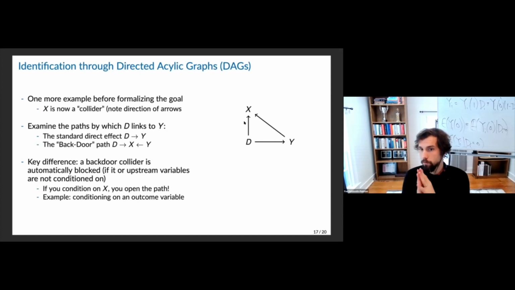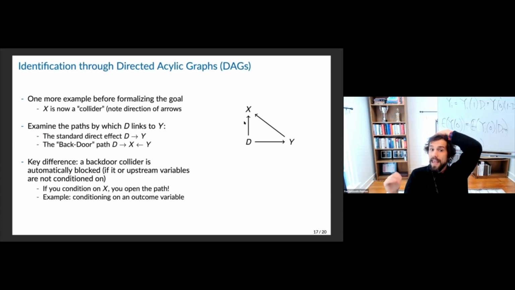Now, what have we done? We've said, okay, D affects Y still, but now instead of X affecting D and Y, it's that D affects X directly, but it also affects it through Y. We still have the same backdoor path problem in the sense that D goes to X and then X goes to Y, and we have the direct effect.